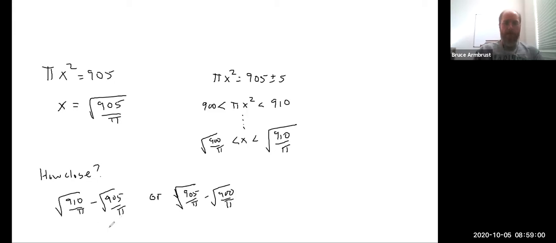And we're going to choose the smallest, because these two numbers aren't going to be the same. But we're going to take the smallest one because that's how close we have to be. If we choose the bigger one and we say, well, we need to be within that distance, we might actually overshoot the smaller one. Okay, so calculate these two and you choose the smallest.